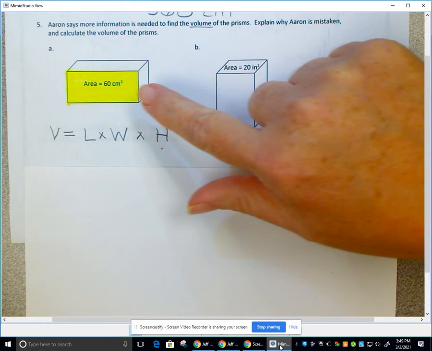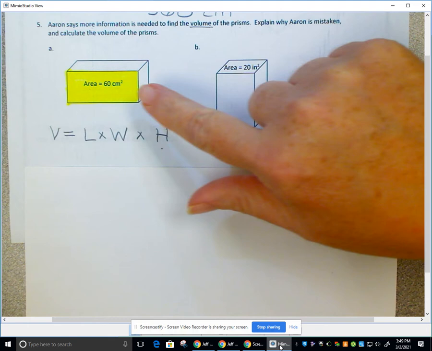So what they're saying is they've already found that for you. So they're saying right here, this has been done for you. They're saying the length times the width is 60. So the area of this bottom, let's just say you could flip this over and this be sitting on the bottom. They're saying the length and the width is 60, and that's what we're calling it.